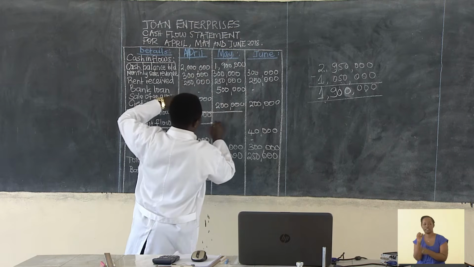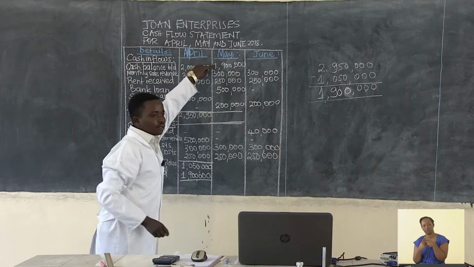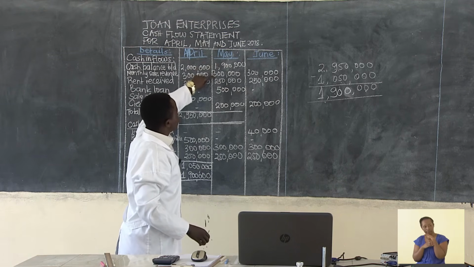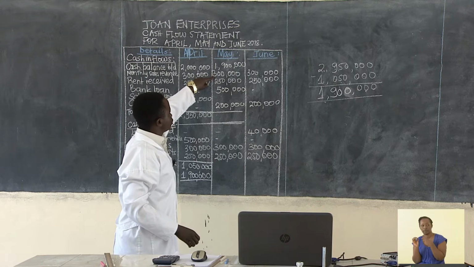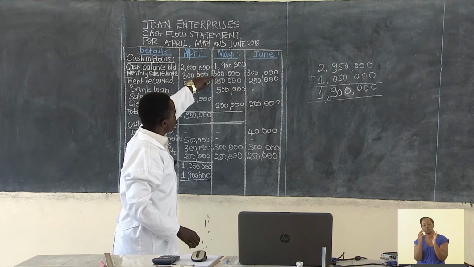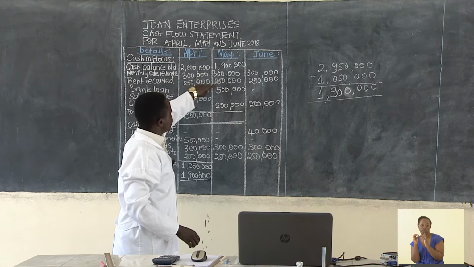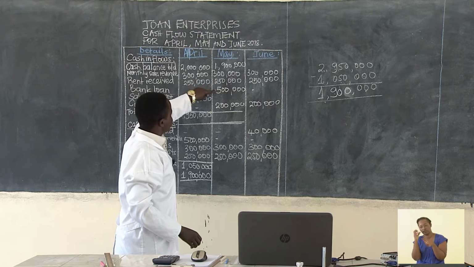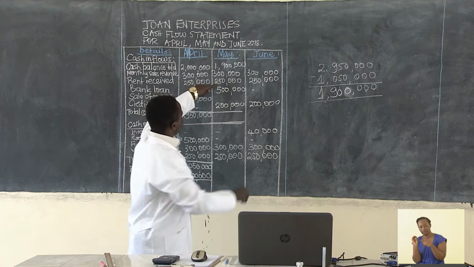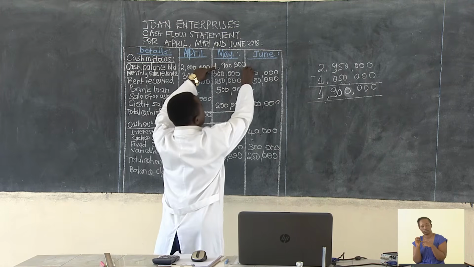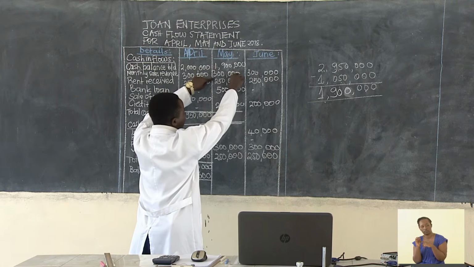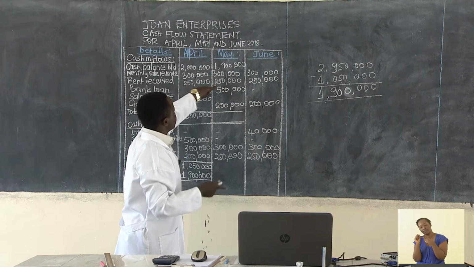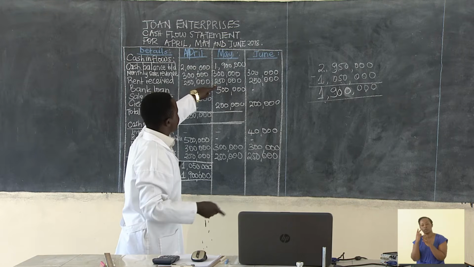So then you add now. You add from here 1.9. So this is 1,900,000. You have to add 300,000. That gives you 2,200,000. When you add 250,000, that is 2,450,000.